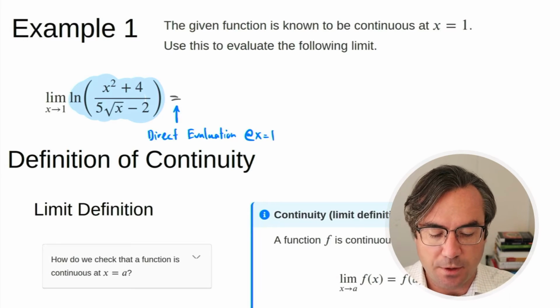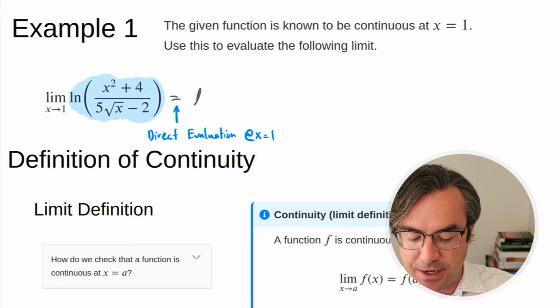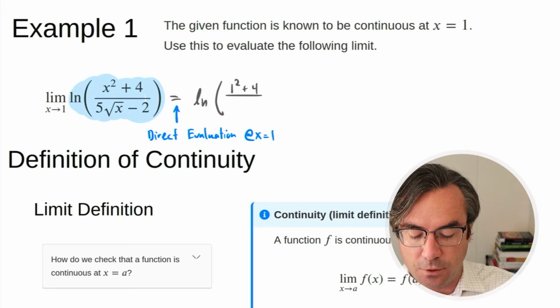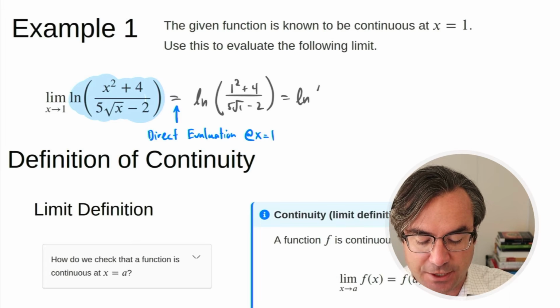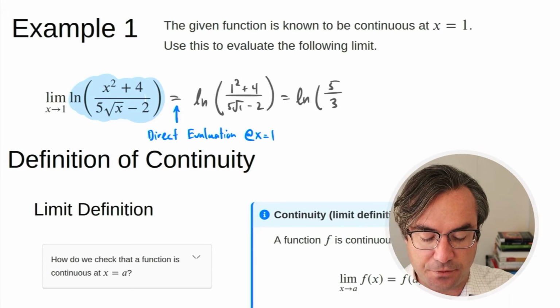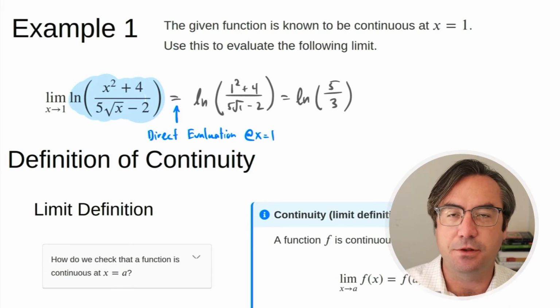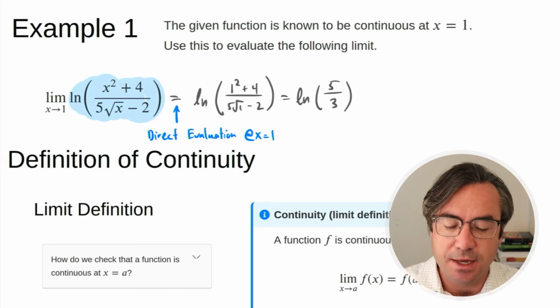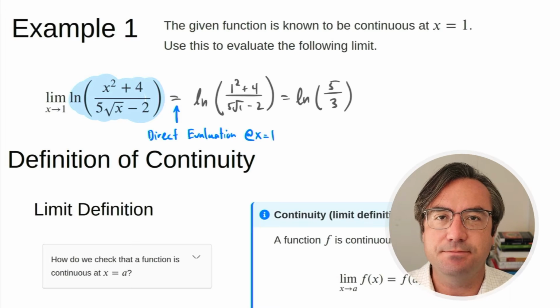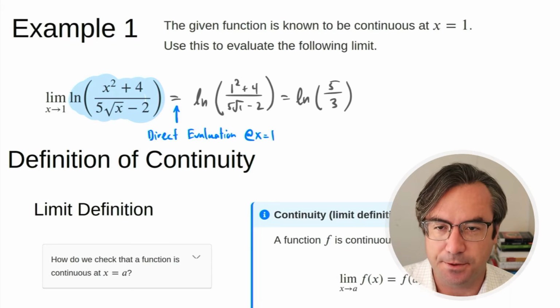If we do our direct evaluation in this case, we end up with natural log of 1 squared plus 4 over 5 square root minus 2. If we simplify that down, we end up with the natural log of 5 over 3. Perfectly good number. So if we know a function is continuous, the limit process becomes relatively straightforward.